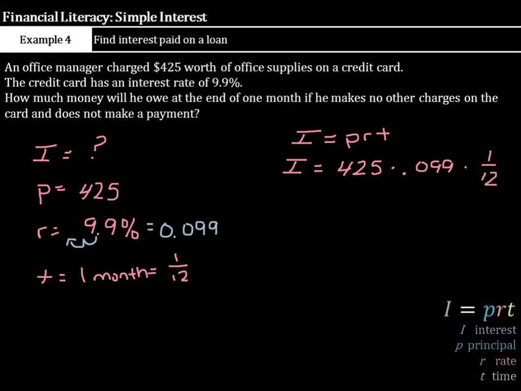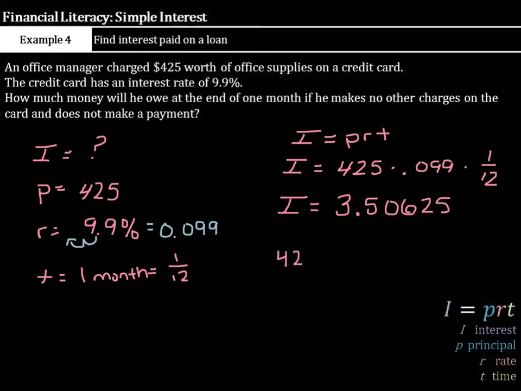When you multiply these together, our interest being charged for the 1 month is 3.50625. Now, that's the interest being charged. We have to add this back to the principal to see how much money he will owe, because he has to pay the $425 and the interest.